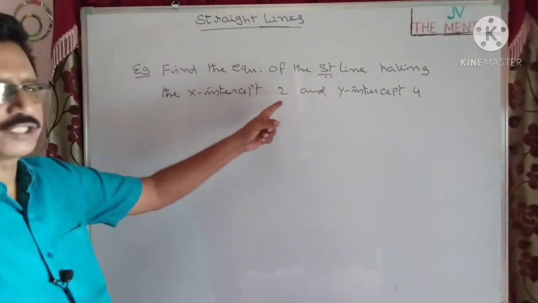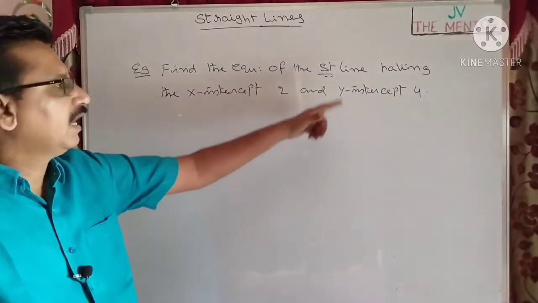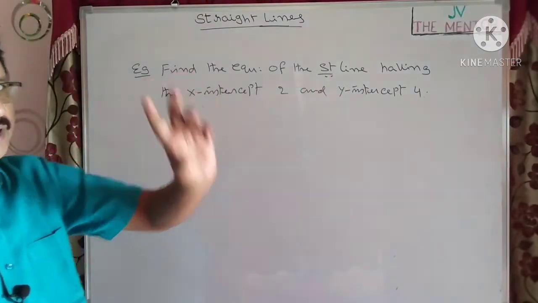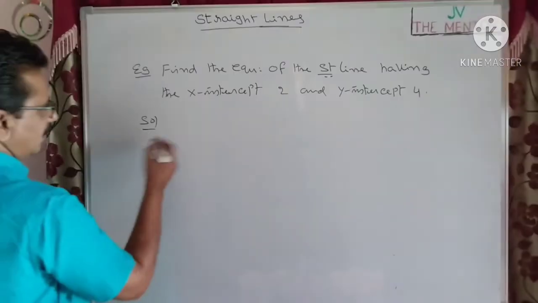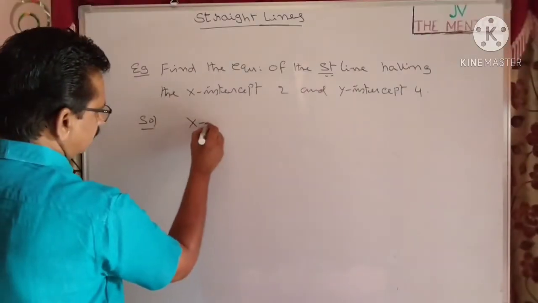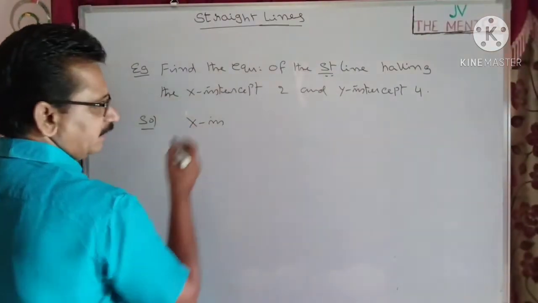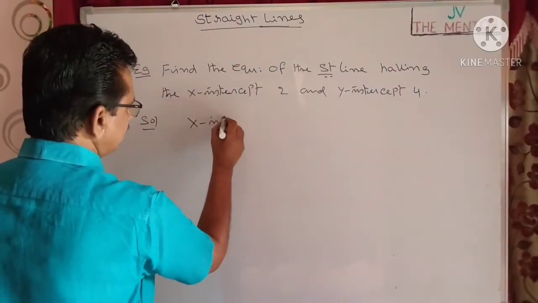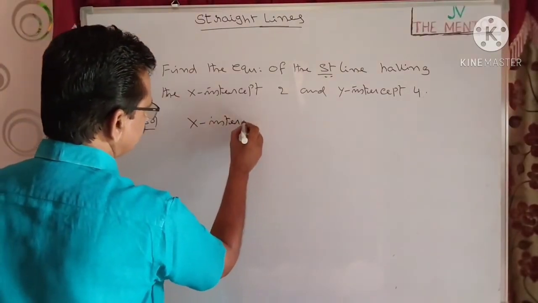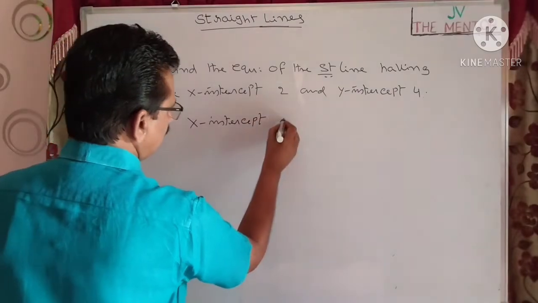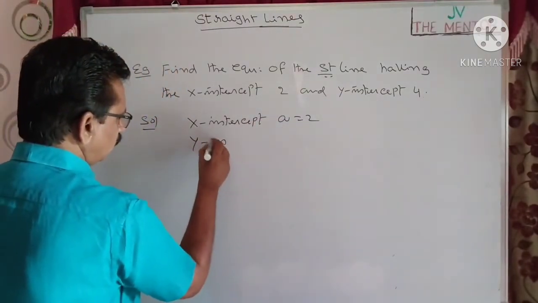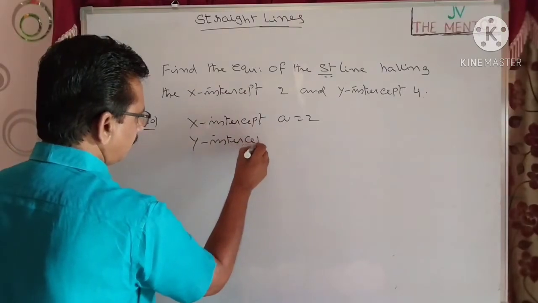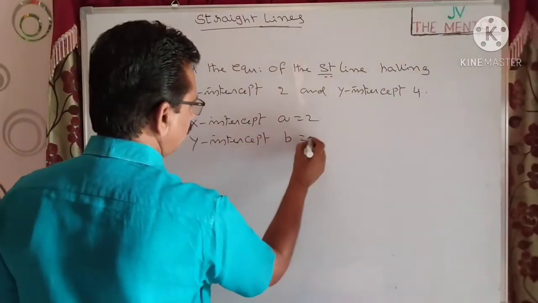Here the x-intercept is denoted by A and the y-intercept is denoted by B. Okay, solution. Here, from the given condition, the x-intercept A equals 2 and the y-intercept B equals 4.